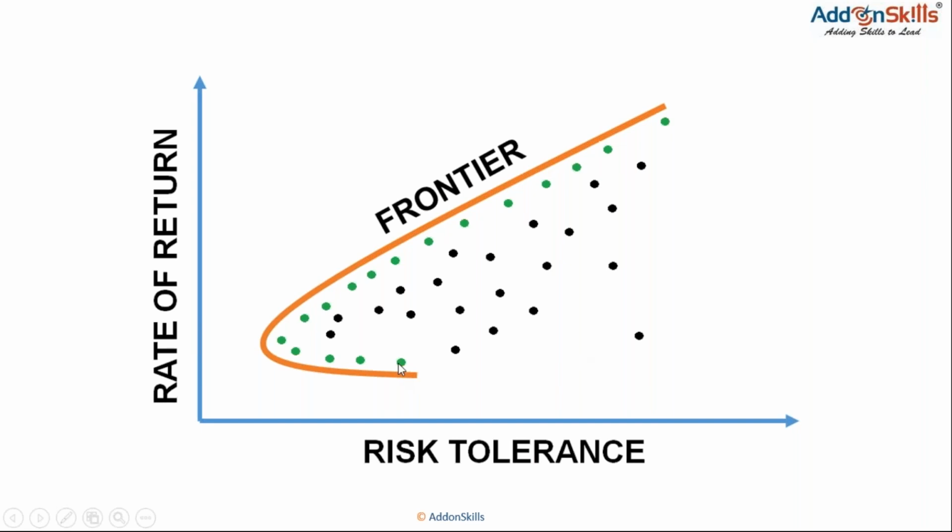So the portfolios which are closer to the frontier curve are the most optimum portfolios. The portfolios depicted by the black dots, which are far from the frontier curve, are not so optimum.